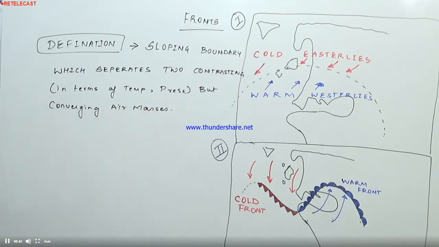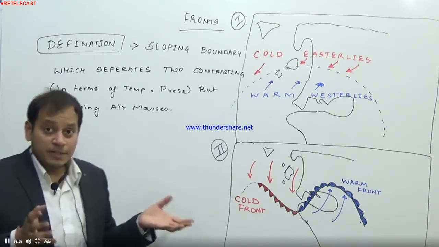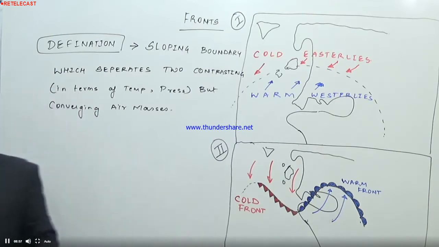So it is a sloping boundary which separates two contrasting but converging air masses. So contrasting but converging air masses are separated in this kind of a front.